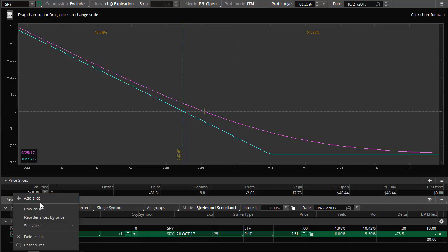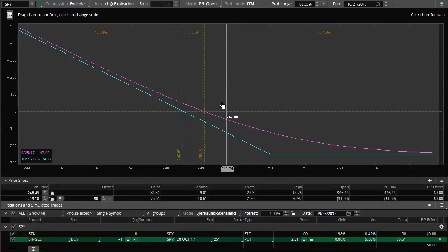Now let's add a slice here just so we can kind of see this, and we're going to move it to the 246.50 level. So if at expiration you were holding the put option that we paid $2.50 for, and we were right in our analysis, at expiration the put option would have a profit of about $200.